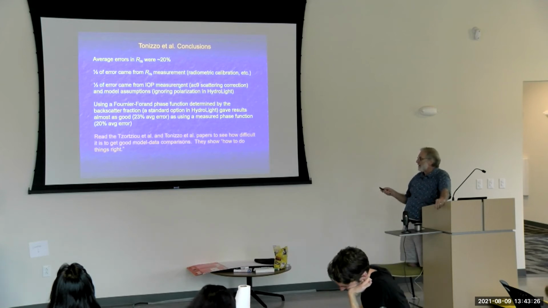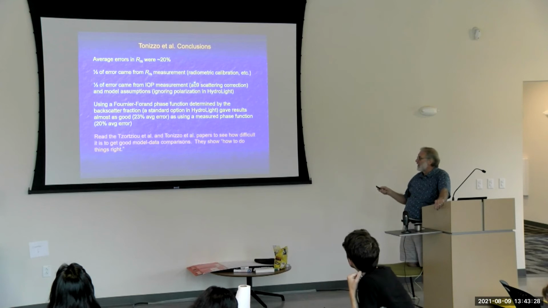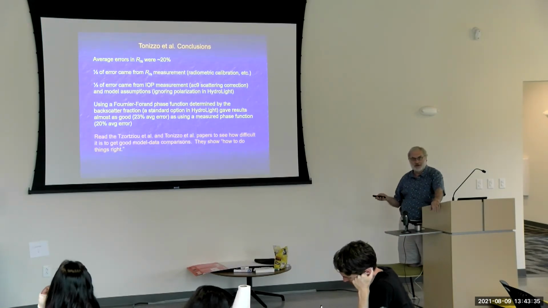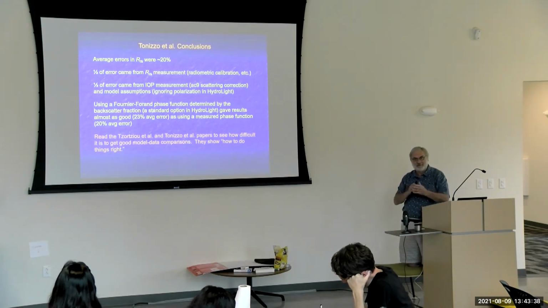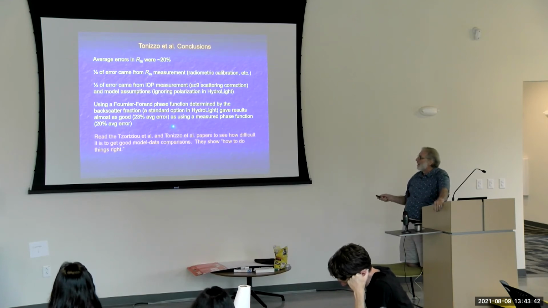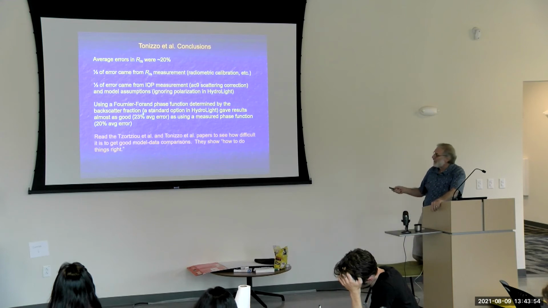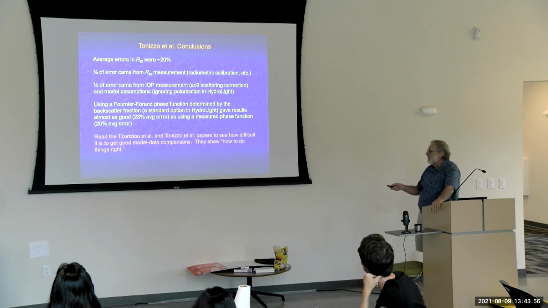About half of the error came from the IOP measurements, like the AC9 scattering correction, and from the model assumptions, namely that HydroLight ignores polarization, so there's often a 10% error in the radiance in some particular direction. They found that using the Fournier-Forand phase function determined by the backscatter fraction gave results almost as good as using the measured phase function. So 23% error versus 20%, which is probably not a statistically significant difference.